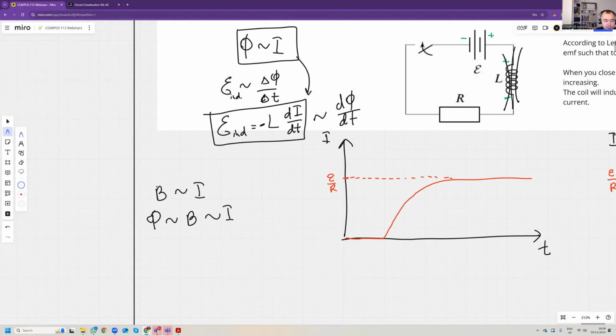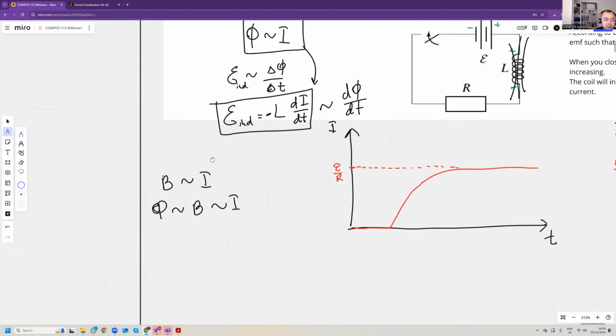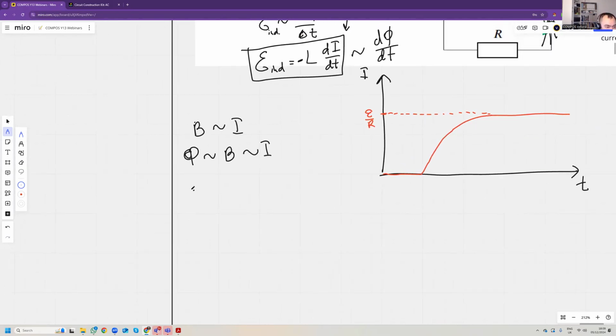So the flux in the coil is proportional to the current in the coil. But the induced EMF is proportional to the rate of change of flux, therefore it is proportional to the rate of change of current. I hope that makes sense.